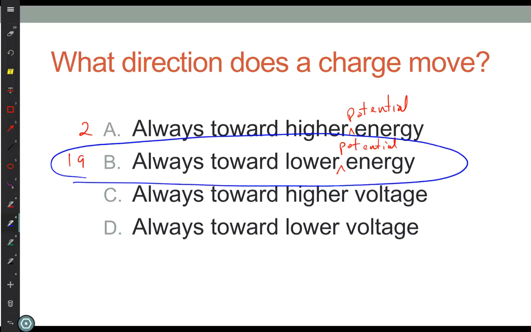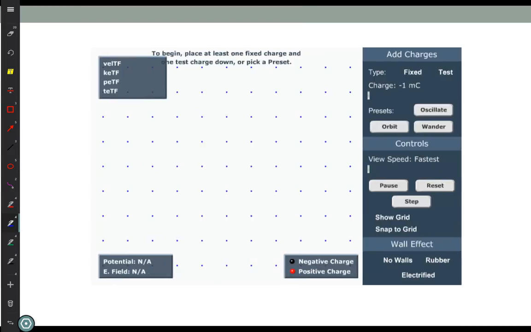That's another way of talking about the second law of thermodynamics. Nobody answers C or D. Why not? What have I said about voltage? Nothing. Hence, you probably assumed that's probably not the right answer. And you were correct.